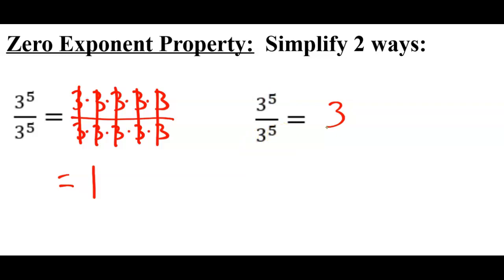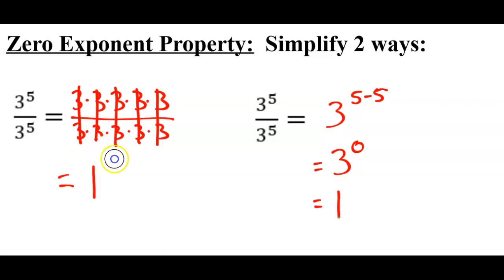I just learned that rule, right? First rule I learned. So if I do 5 minus 5, what am I going to get? I'm going to get 5 minus 5 is 0. So 3 to the 0 is equal to what? 1. Do you see that?